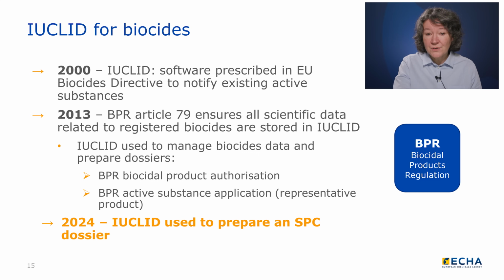Since then, Euclid has been used to manage biocides data for biocidal product authorization and active substance application. Now there is time to include in Euclid also the SPC dossier. So in 2024 Euclid is used to prepare an SPC dossier.